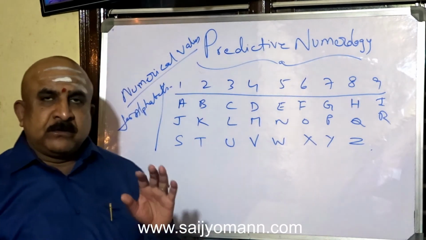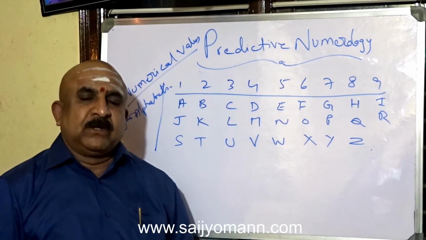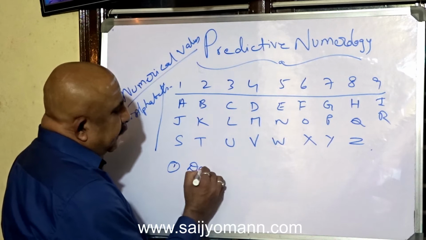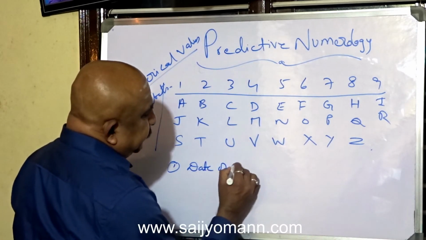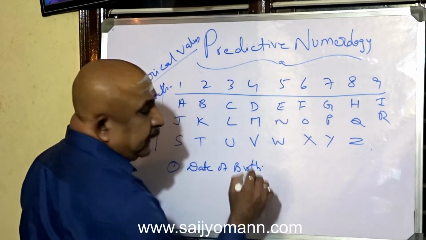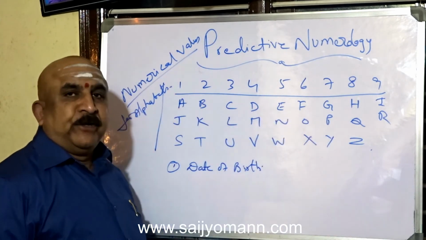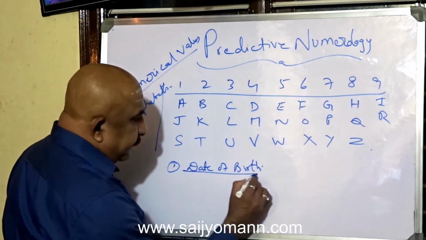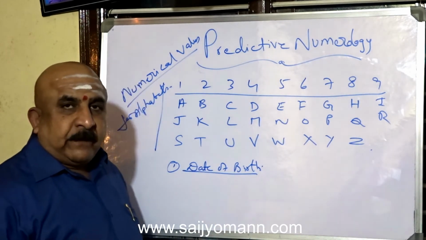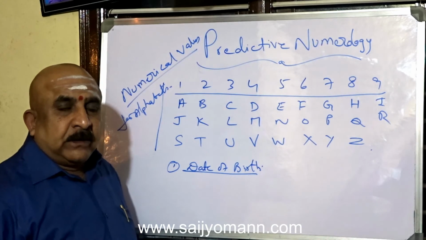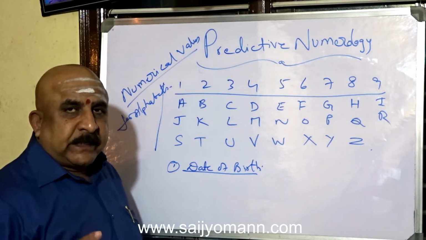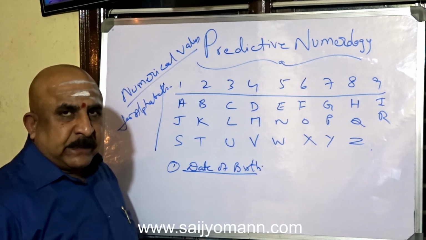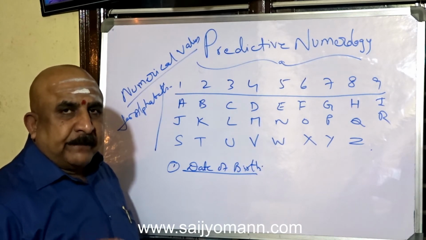So when you are going to name a child, two things are important. One, date of birth, and the other is the numerical values of the alphabets. Everywhere we use only the date to know the person's characters and qualities. But here, for naming a child, we take the Vedic number.